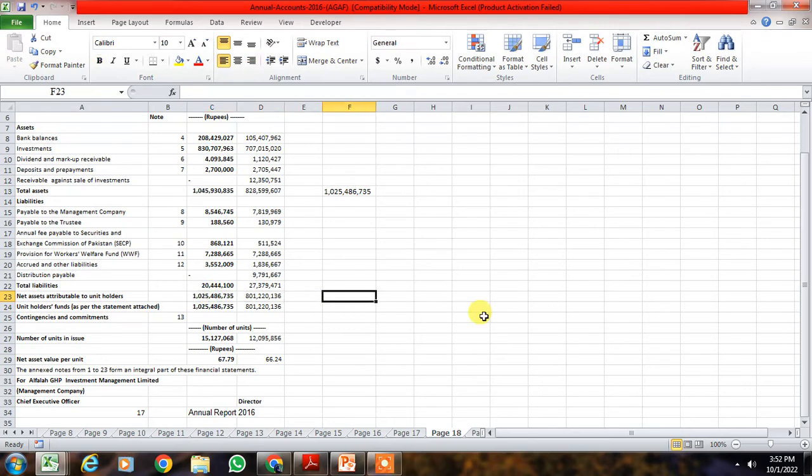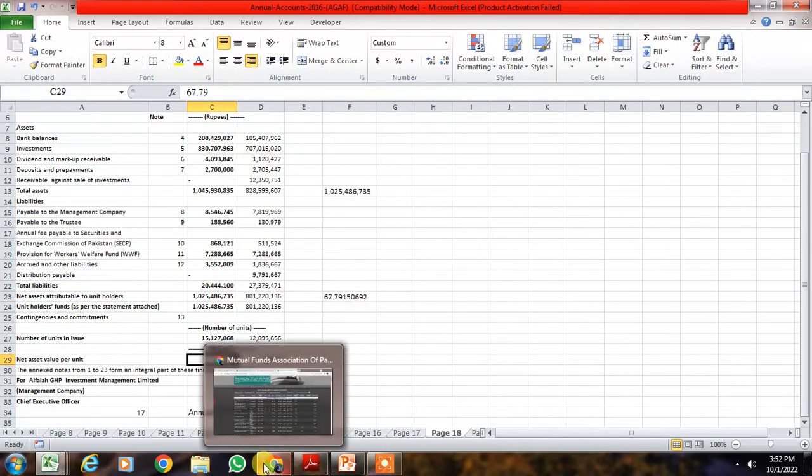So if you want to find out the per unit value or price of the unit, you are supposed to divide the net asset value by the number of units. You can see that this is the per unit price of the Al-Falah fund. It is also reported here.